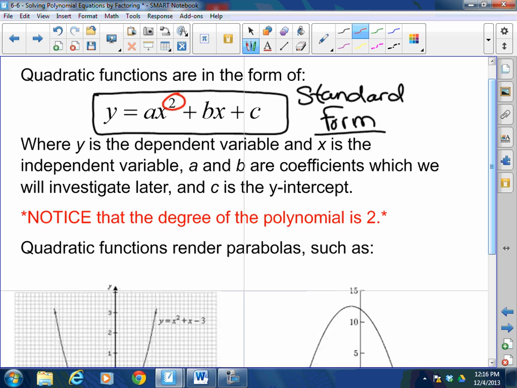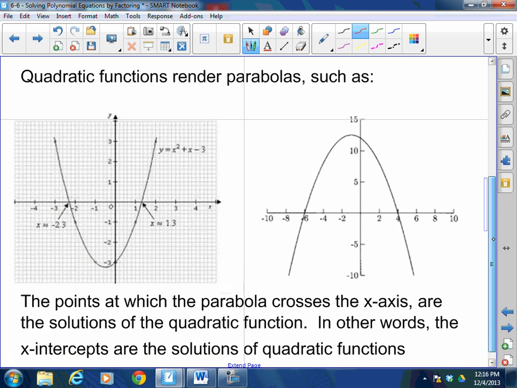All right. Now let me show you what I'm doing all of this craziness for. Quadratic functions render parabolas, my friends. And parabolas, as you can see, are U-shaped graphs. I promise you, I will show you how to do this in detail. Right now, we're not worried about graphing.